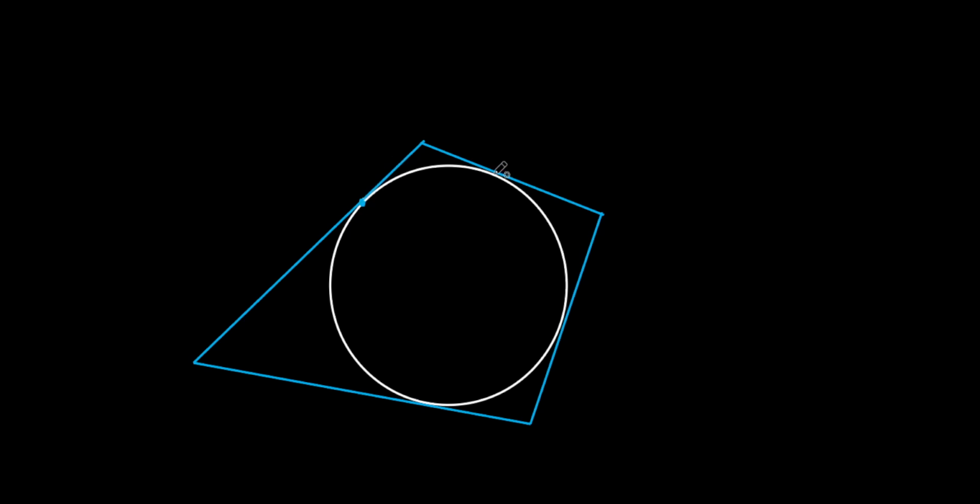So where are the points of tangency? There's one here, there's one here, here, and here. Okay? And we'll call this quadrilateral PQRS. So P, Q, R, and S. And in another color, they give letters to the points of tangency.